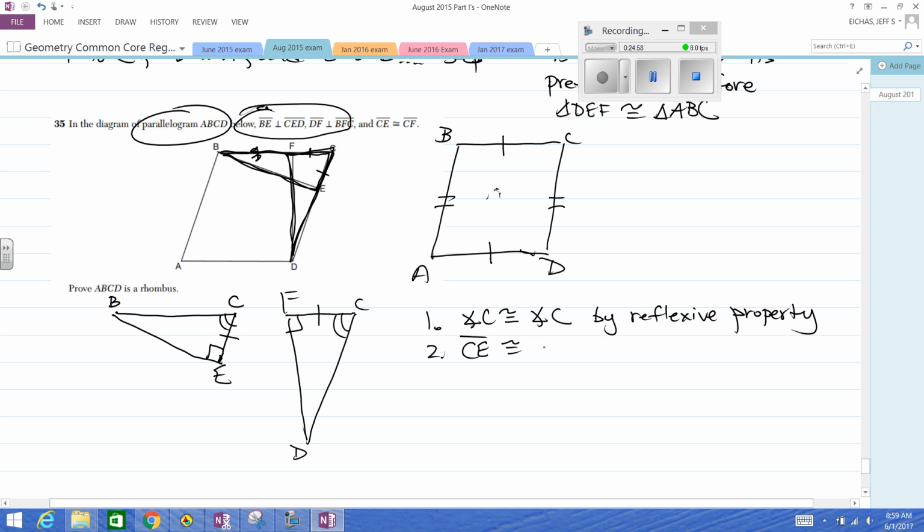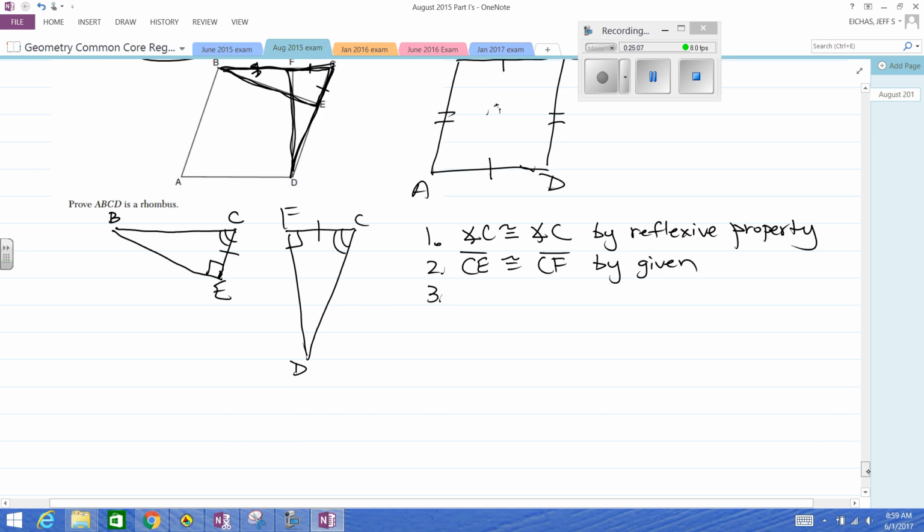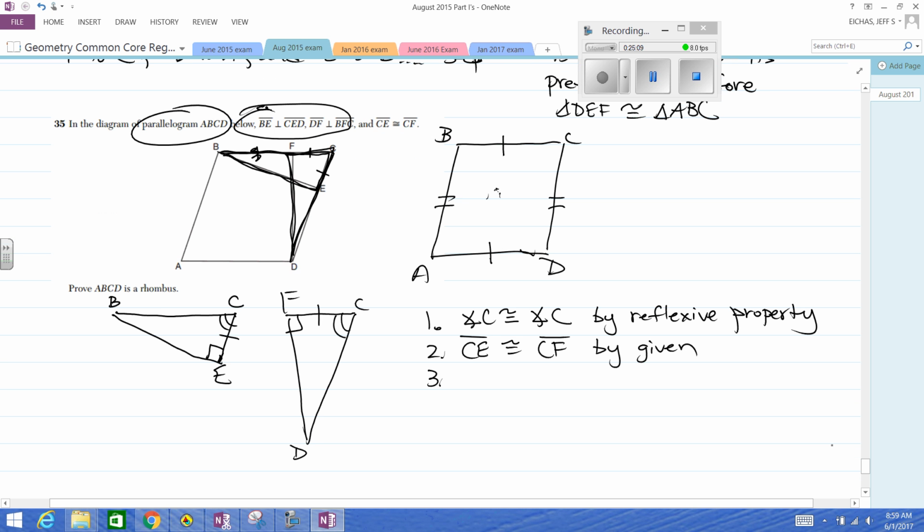They gave us this, so why not use it? It's by given. All right, 3. Now we're going to work a little bit for that other pair of angles. Let's use the perpendicular. So BE is perpendicular to CED, and BDF perpendicular to BFC. And it's by given again.